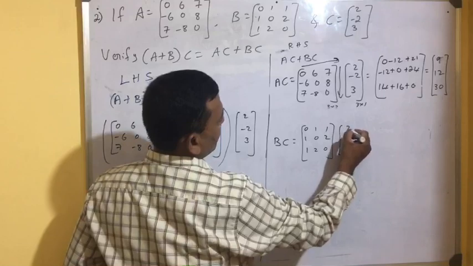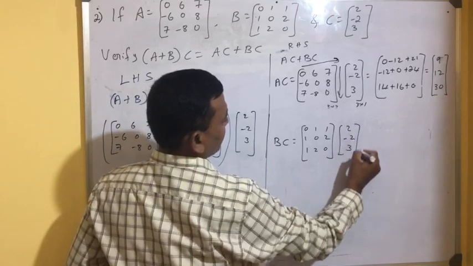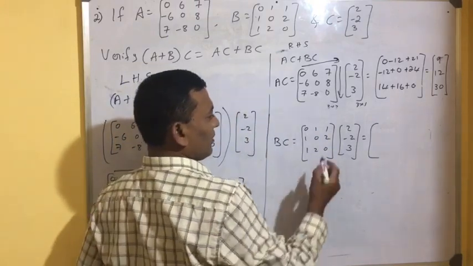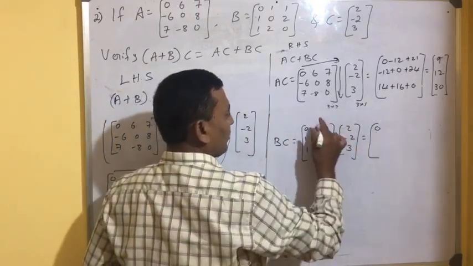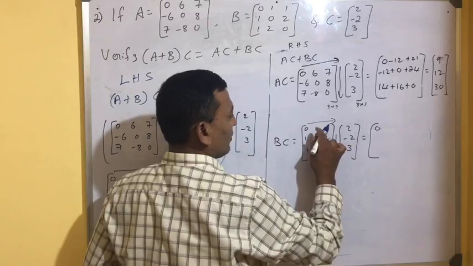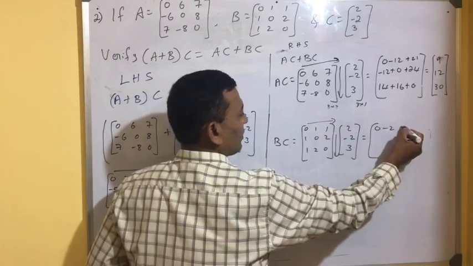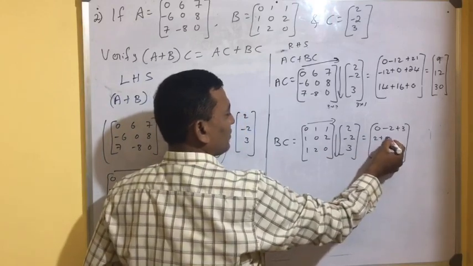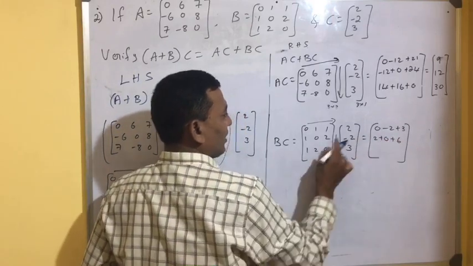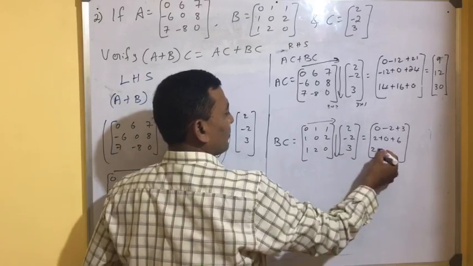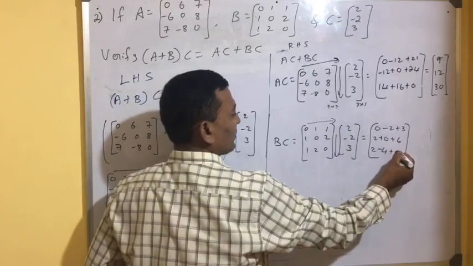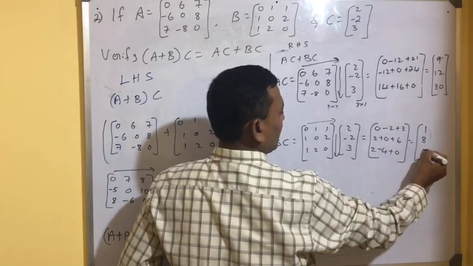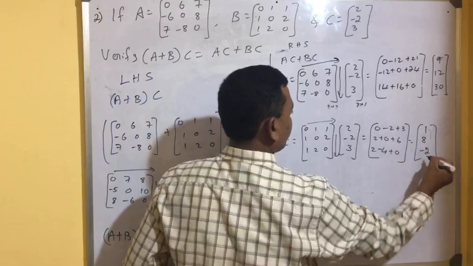The C matrix is 2, minus 2, 3. So same result, it is a 3 cross 1 matrix we will get here as the order. So 0 into 2 is 0, first row to first column, 1 into minus 2 is minus 2, 1 into 3 is plus 3. Now 1 into 2 is 2, 0 into minus 2 is 0, 2 into 3 is 6. Again 1 into 2 is 2, 2 into minus 2 is minus 4, 0 into 3 is 0. So it is 1, 8, minus 2.